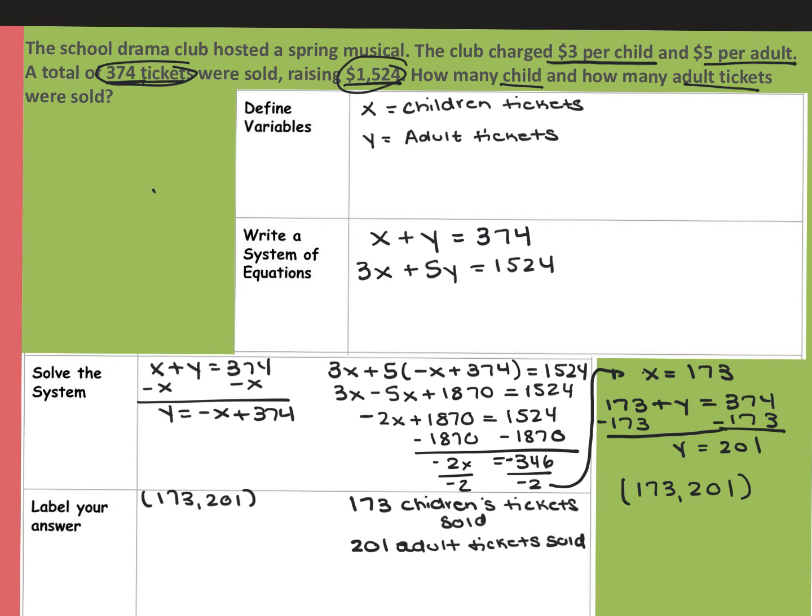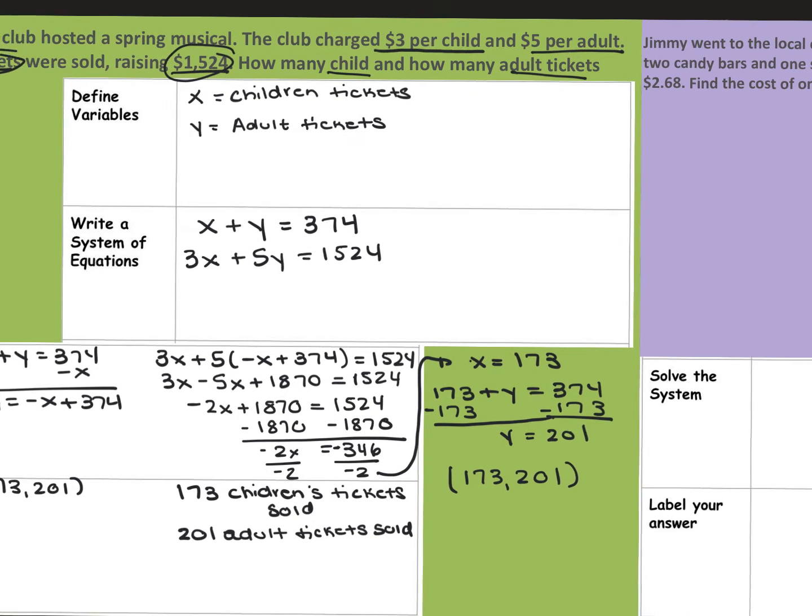That's what we mean by putting it in context of the problem, relating it back to the real world scenario that we were given. Let's take a look at the next example.